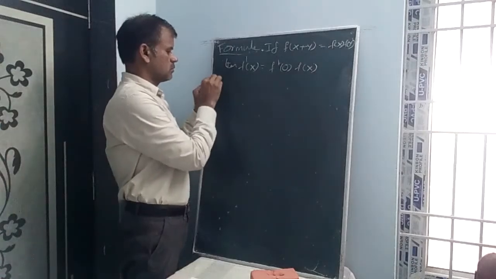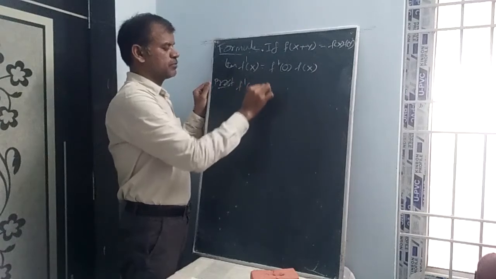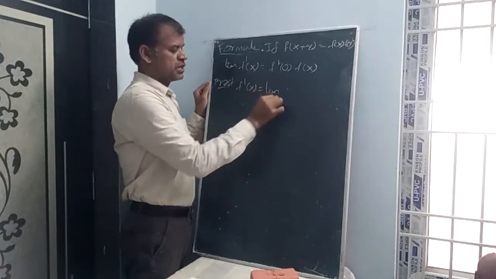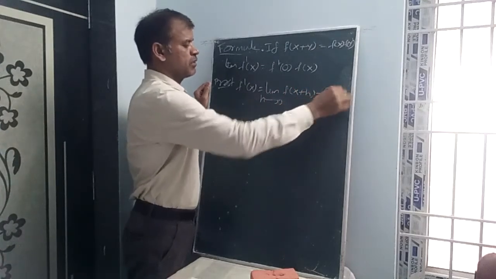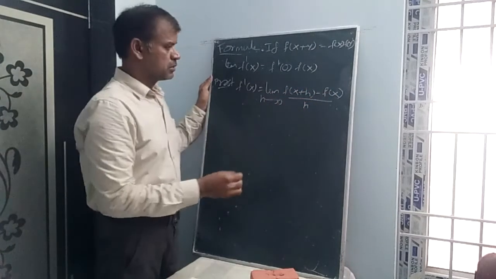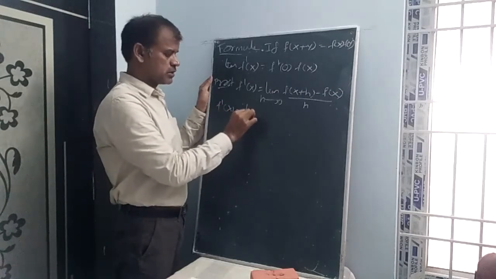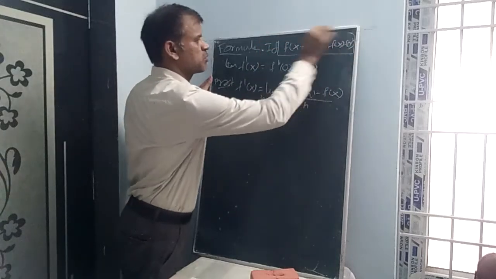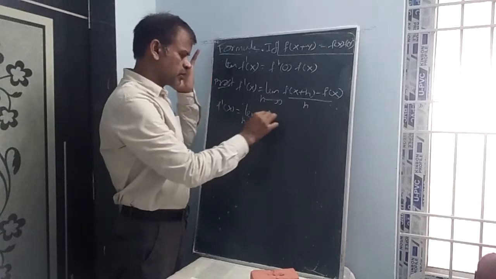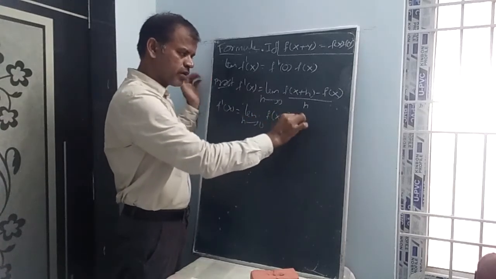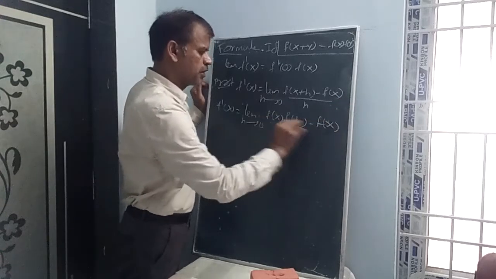Now, let us see the proof. By the formula, f dash x is the limit as h tends to 0 of f of x plus h minus f of x whole by h. According to the given formula, f of x plus y is equal to f of x into f of y, so this is the limit as h tends to 0 of f of x into f of h minus f of x, whole by h.